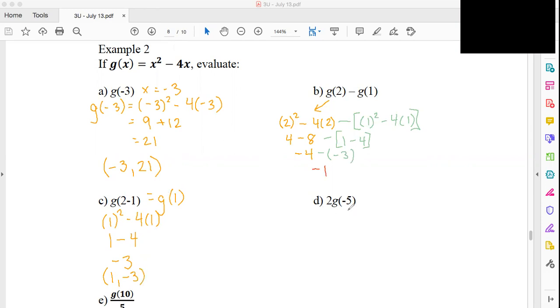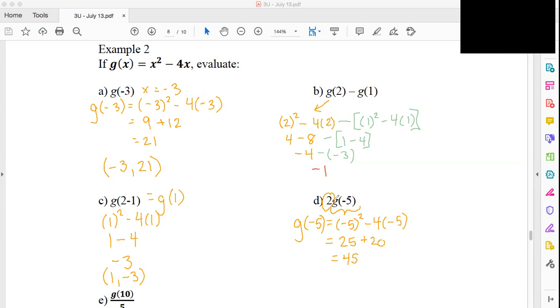If we look at this one, so this means that it's going to be 2 times the answer of this. So our first thing that we're going to do is our g of -5. So we're going to have -5 squared minus 4, -5, which gives us 25 plus 20, which gives us 45.